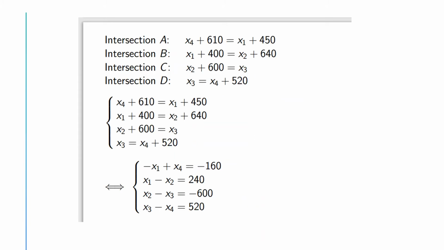Taking these equations from the condition that traffic in equals traffic out at each intersection, we get the final system of equations in terms of x1, x2, x3 and x4: x4 minus x1 equals negative 160, x1 minus x2 equals 240, x2 minus x3 equals negative 600, and x3 minus x4 equals 520.